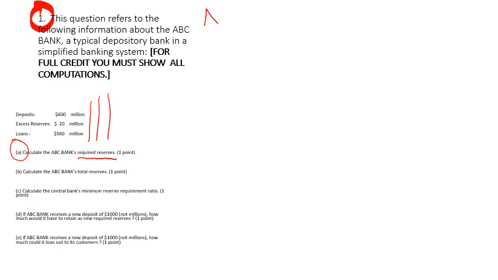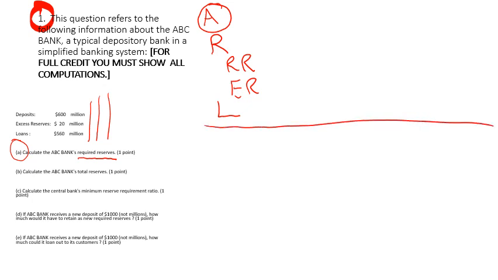Okay, so let's do this. First, the asset side. We have R, reserves, which are required reserves and excess reserves, and loans. All right. So on the asset side, ER, excess reserves, plus RR, required reserves, is equal to R, total reserves.